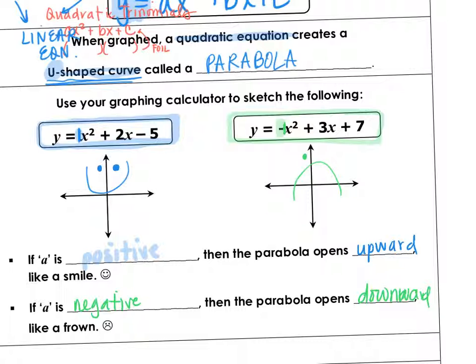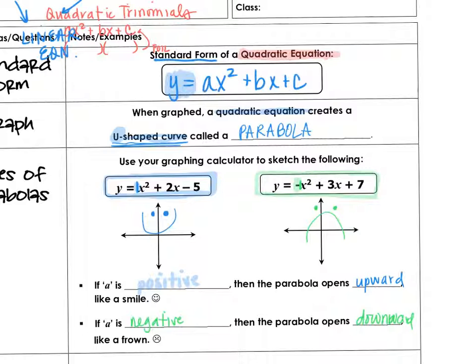So there is our sad face. Again, we have the quadratic equation y equals ax squared plus bx plus c. When you graph a quadratic equation, it creates a U-shaped curve called a parabola. Whether the parabola opens upward or downward depends on the sign of A. If A is positive, our parabola opens upward like a smile. If A is negative, our parabola opens downward like a frown.